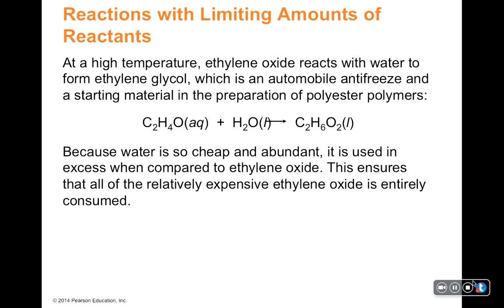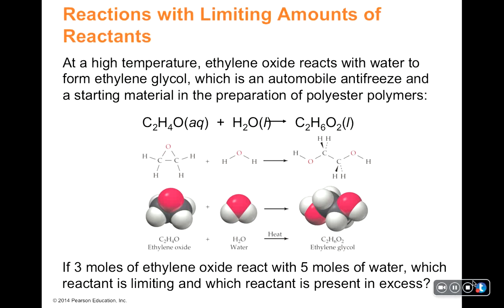We have ethylene oxide reacting with water to form ethylene glycol, and so you can see the reaction there. They're just giving you more information. I'll skip through that. So we see a reaction. Our first thought then is, is that reaction balanced? I'll get to the question on the bottom that you see here, but the first thing would be, is this equation balanced?